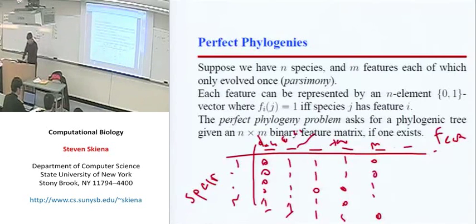So you can imagine a world where you've now got a matrix of features and species. And the question is now to reconstruct the evolutionary order, a tree that will describe how these features evolved. Any questions about that? That's kind of what the goal here is.